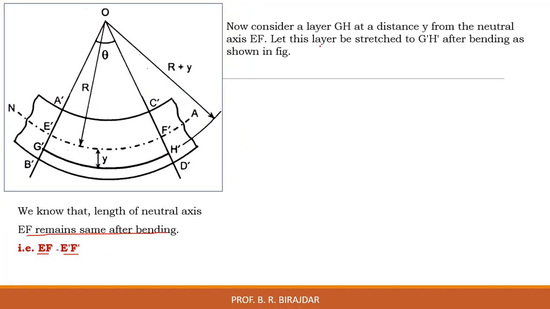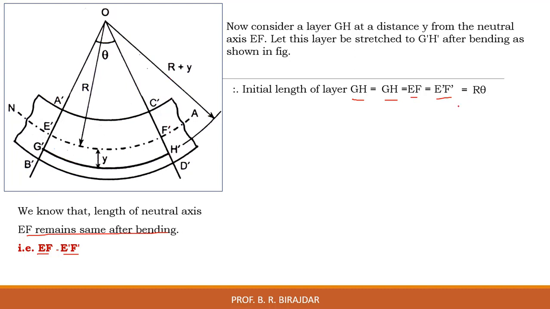Now we consider the layer GH at a distance y from the neutral axis, which after bending has the new length G dash H dash. The initial length GH is equal to EF, which is equal to E dash F dash. EF is the neutral axis and E dash F dash is the neutral axis after bending, but the length remains the same.